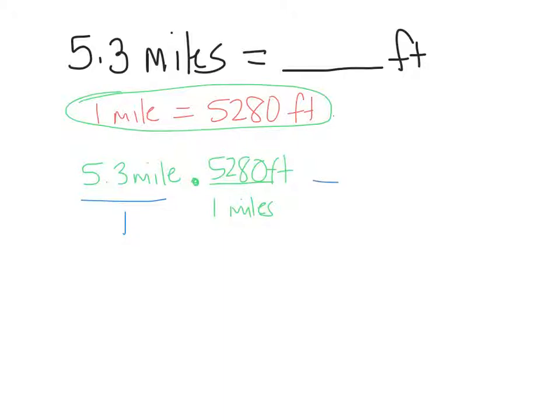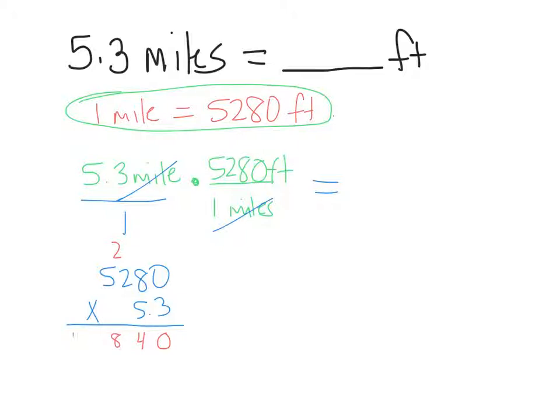Again, I'm going to try to simplify if I can. The miles cancel, but 5.3 and 1 don't simplify anymore, and 5,280 over 1 does not simplify either. So I'm just going to multiply straight across. I need to do 5,280 times 5.3, so I'm going to do the math here. 3 times 0 is 0. 3 times 8 is 24, carry the 2. 3 times 2 is 6, plus 2 is 8.